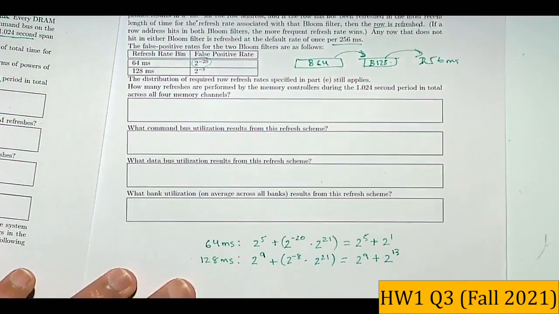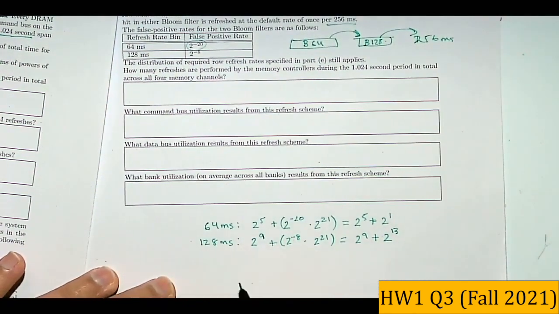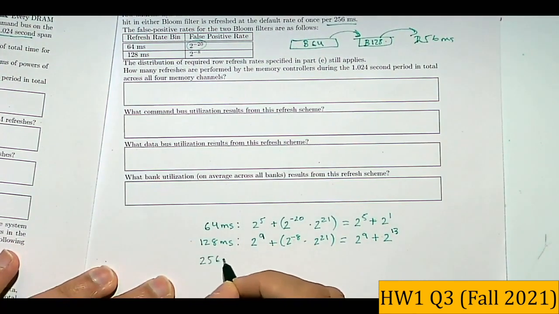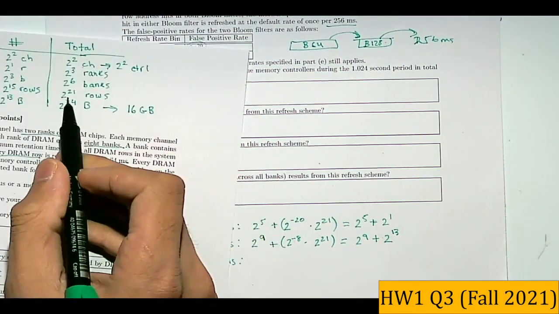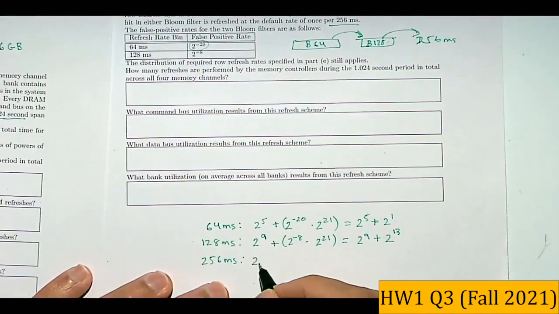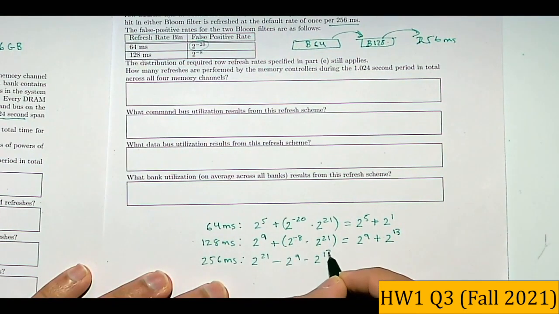And so those will be everything that's refreshed at 128 milliseconds. And then we have 256 milliseconds, which is everything else, right? We compute the everything else in the same way as we did before. So we have 2 to the 21 rows total, and then we just subtract these quantities: minus 2 to the 9, minus 2 to the 13, minus 2 to the 5, minus 2 to the 1.